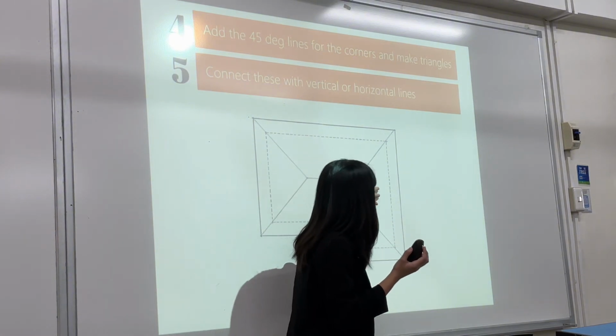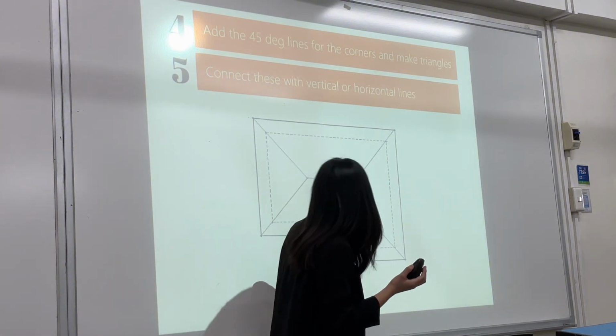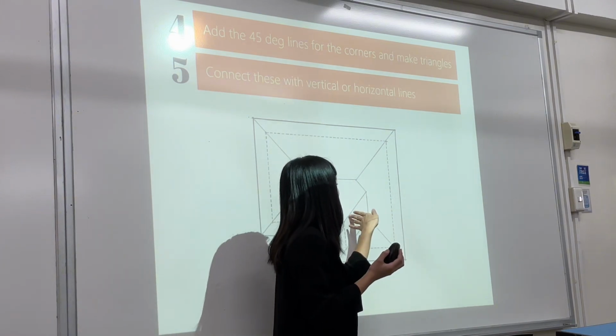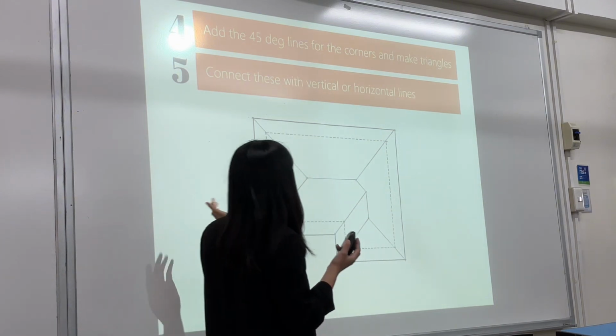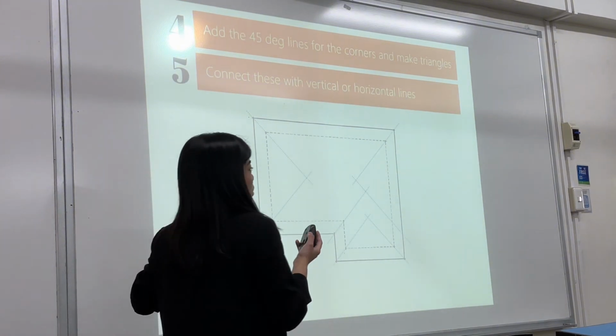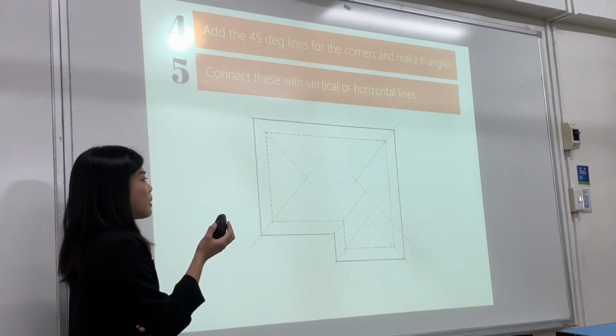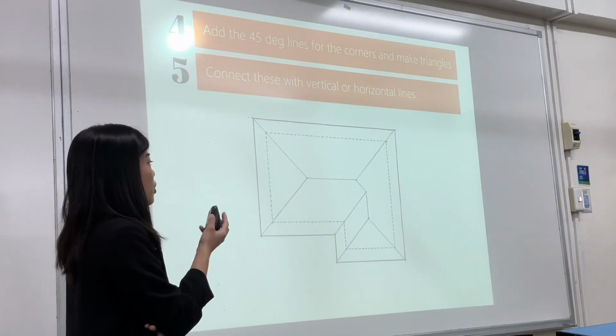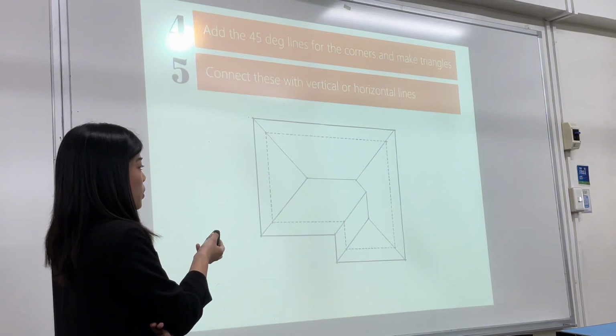Lahat ng rainwater papunta dyan, papunta dito, papunta dito. Same din dito. Pwede din nyong i-erase ang guidelines, but definitely make sure na i-pen and keep nyo ang final lines. So from there, we come up with this one.